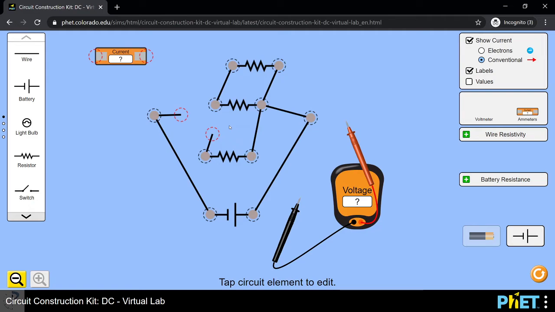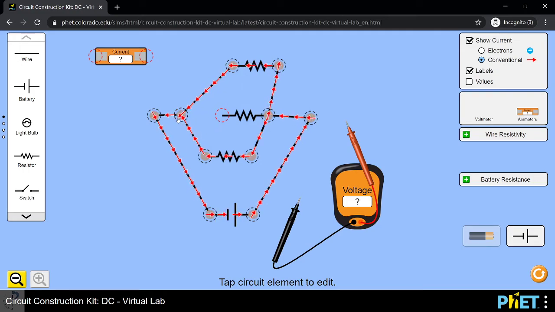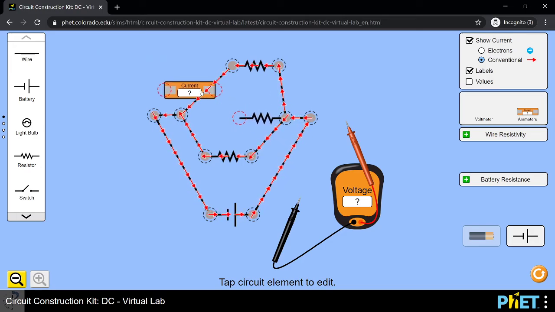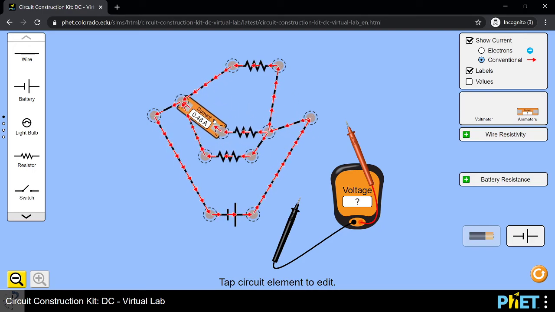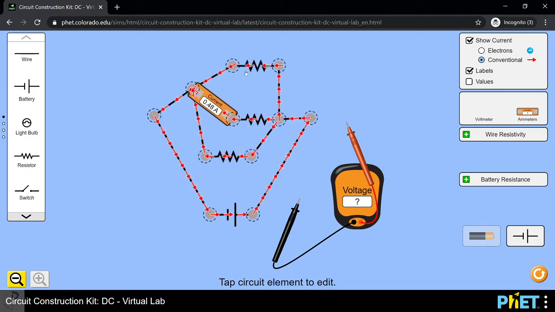Ooh. How should we do this? Cut. There we go. Alright, if I want the middle one, we've cut the middle one out. Cut the middle man. And then stick the ammeter in there. There we go. Now it goes through. So you can see that different amounts of current go through each resistor.